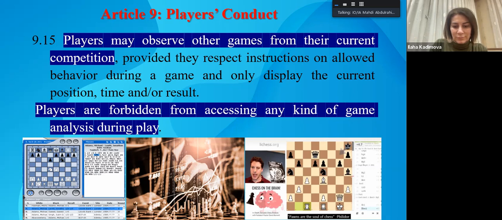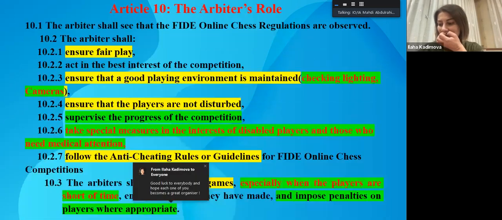So if you play in the game, you cannot open your mobile and check, analyze, or see any type of game, even multimedia or social media. This is not allowed.